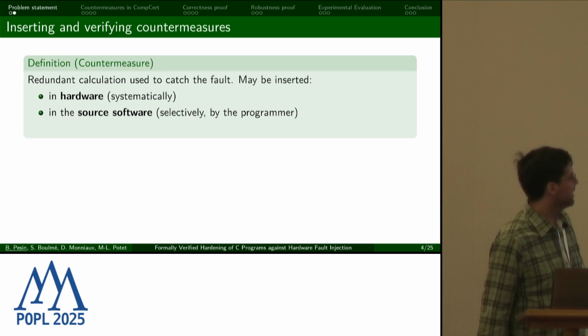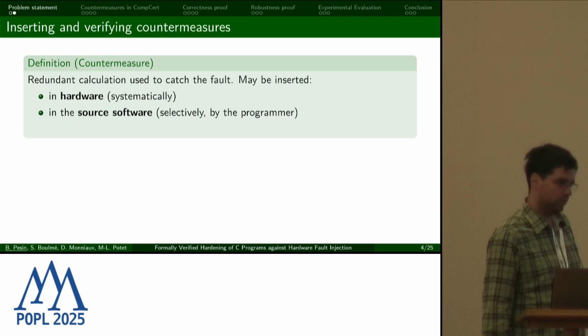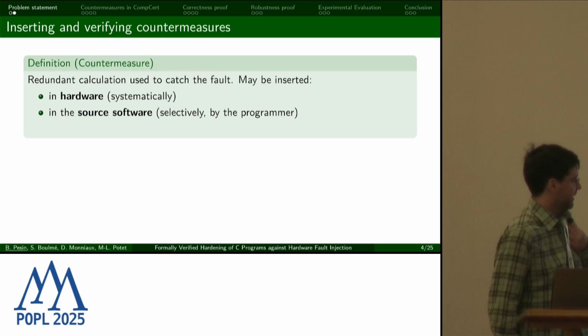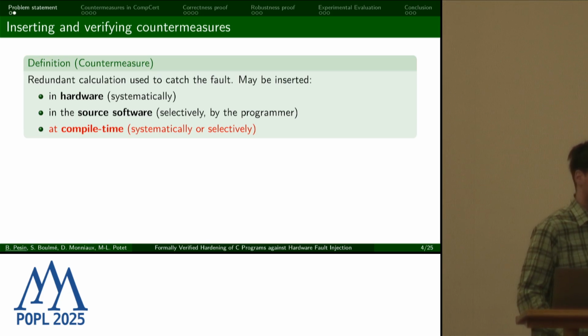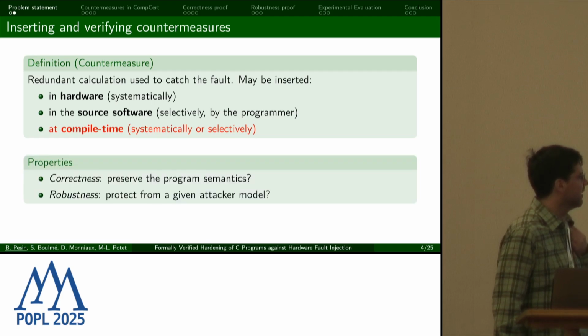Here I added the countermeasure in the source code, but you could include countermeasures directly in the hardware, or you could also add countermeasures during the compilation to unprotected source code, and that's what we do.